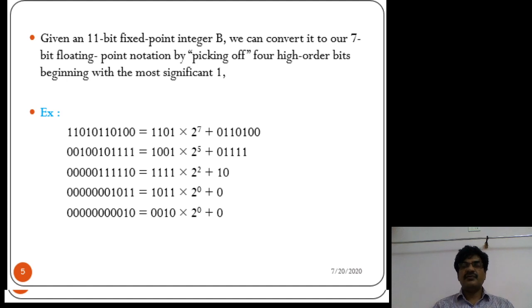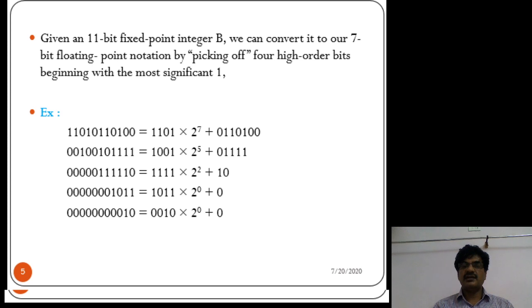For example, if you take this number, in floating point notation, from the MSB side you need to check where the logical one appears. From that position, 4 bits are considered as the mantissa.